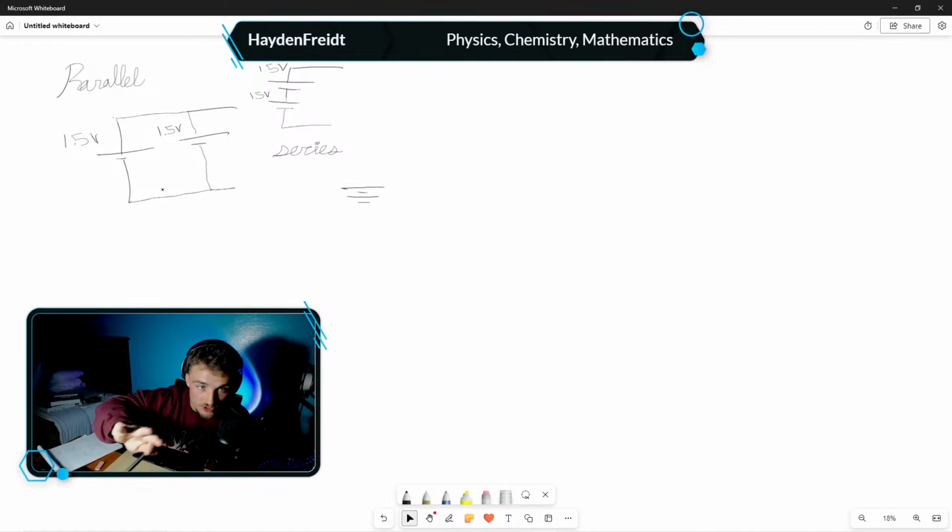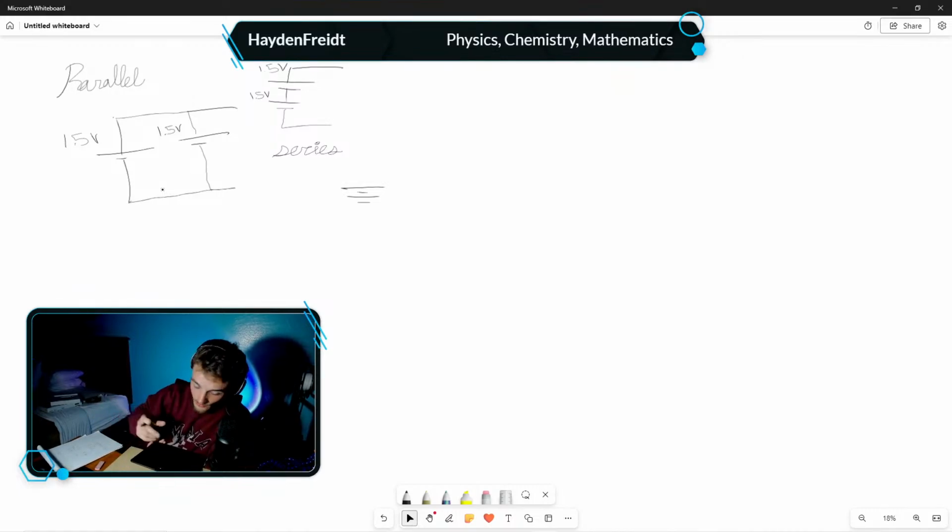You really only have these two. They're either in series or in parallel. With batteries, when you have them in parallel, it manipulates the current. If you have them in series, it manipulates the voltage.